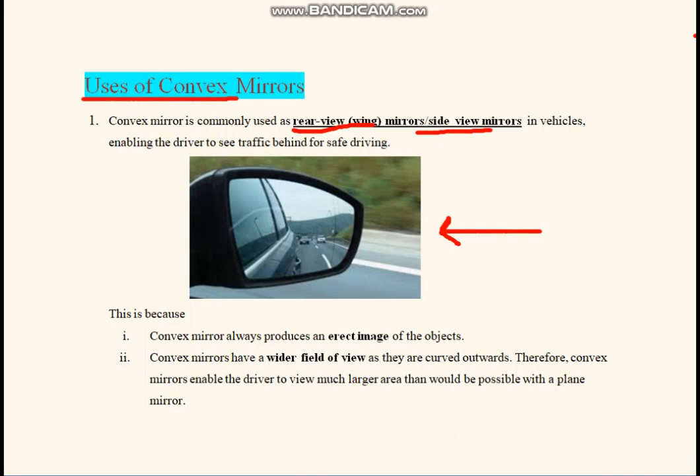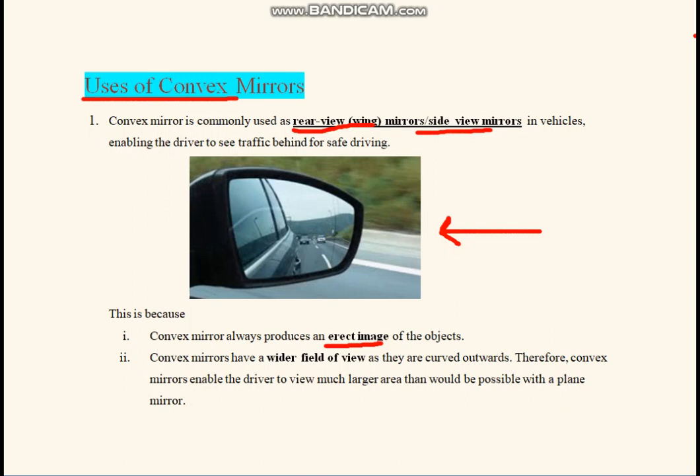Now the question comes, why do we use a convex mirror as a rear view mirror? The reasons are, the first being that the convex mirror always produces an erect image. So you will always see an erect image of the traffic behind you.